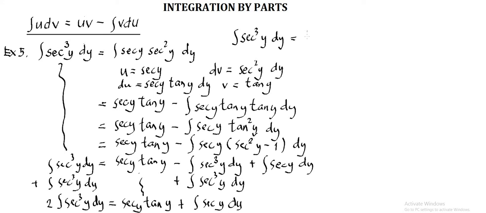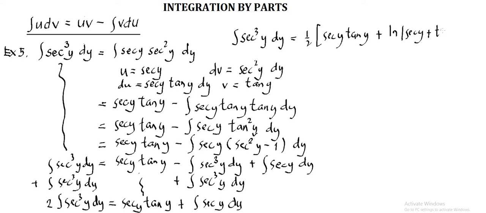equals 1/2, no? And then times secant of y tangent of y, and then plus integral of secant of y dy is ln of secant of y plus tangent of y.